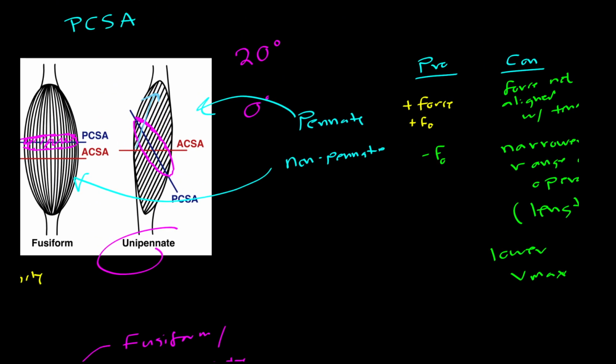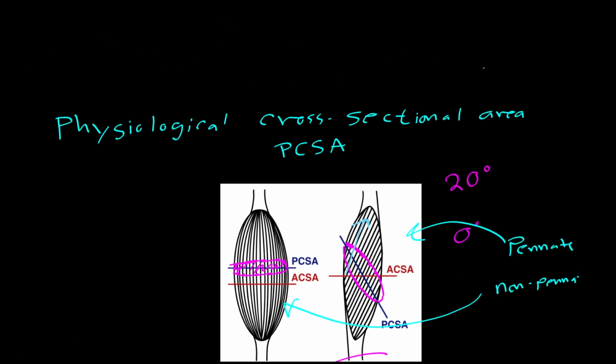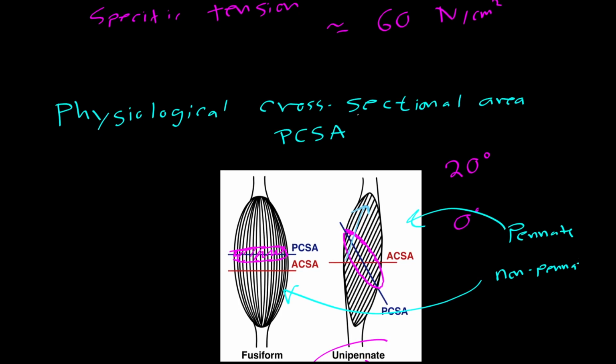One more thing to connect physiological cross-sectional area to muscle strength. In the last video, I introduced this idea of specific tension. And I said it was, I did not write that very clearly. Tension. And I said, maybe 30 to 60 newtons per square centimeter is a reasonable value.